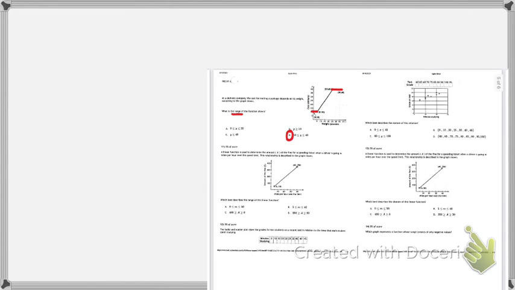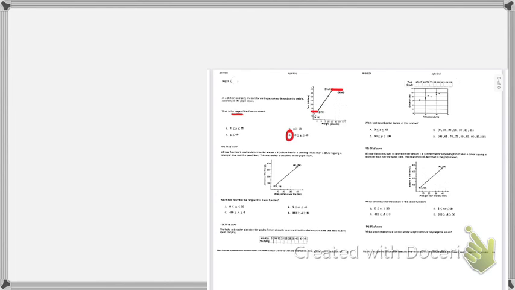All right, number 11. A linear function is used to determine the amount A of the fine for a speeding ticket when a driver is going m miles per hour over the speed limit. The relationship is described in the graph shown. Which best describes the range of the linear function? So, remember, range is y.